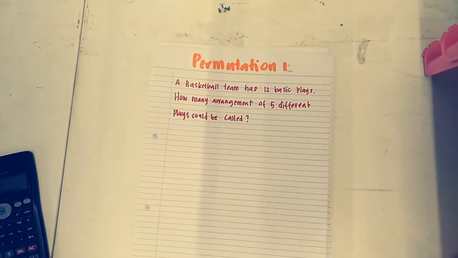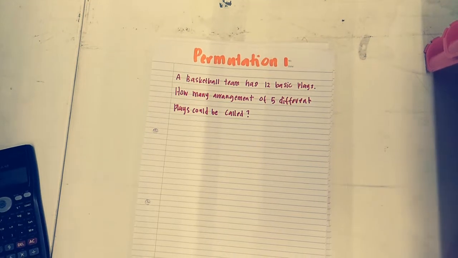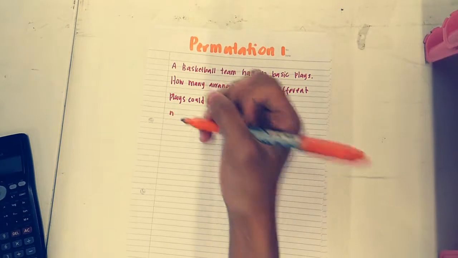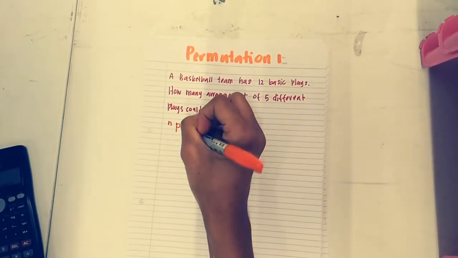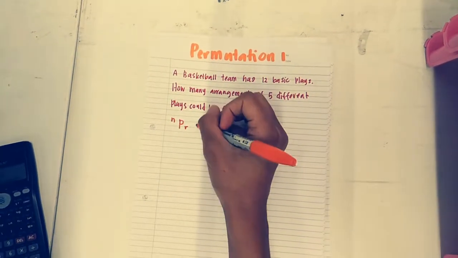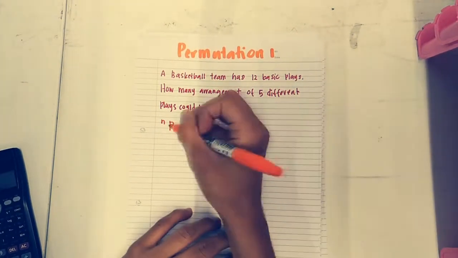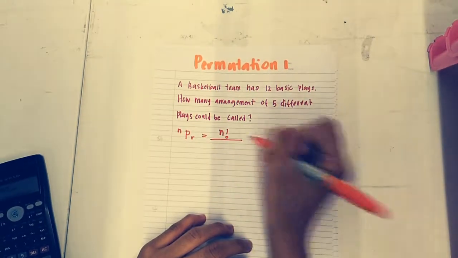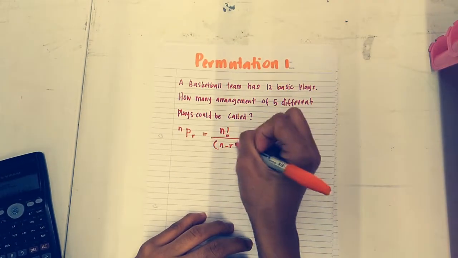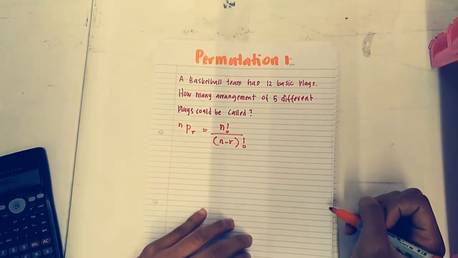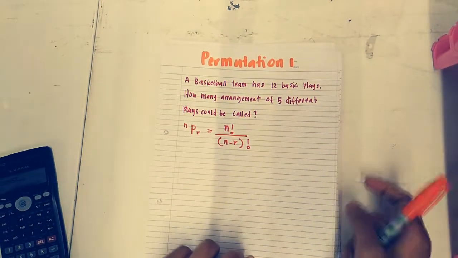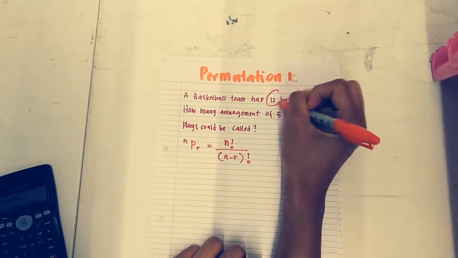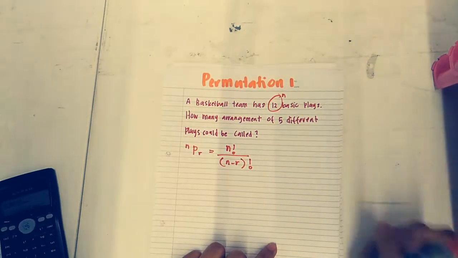If the number of permutations of n objects taken only r at a time, we need to use this formula: nPr equals n factorial divided by (n minus r) factorial. Okay, for this question, a basketball team has 12 basic plays, 12 as the n objects.